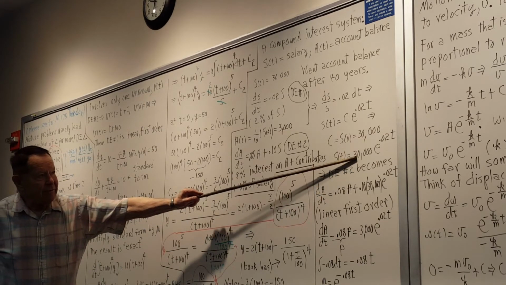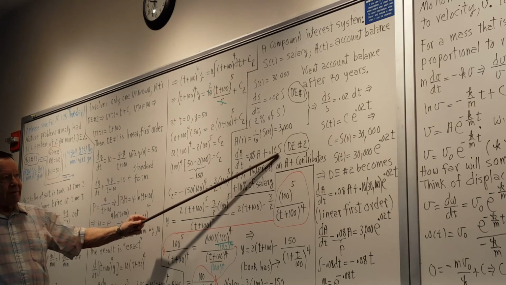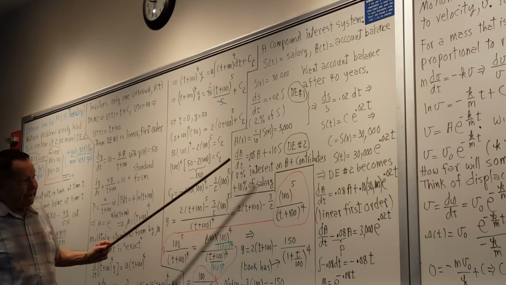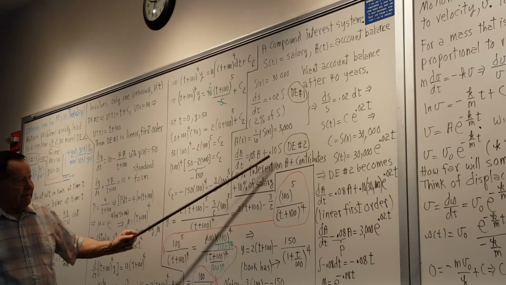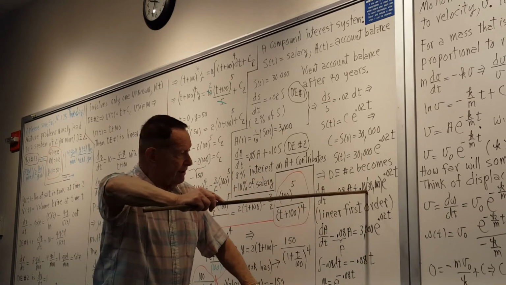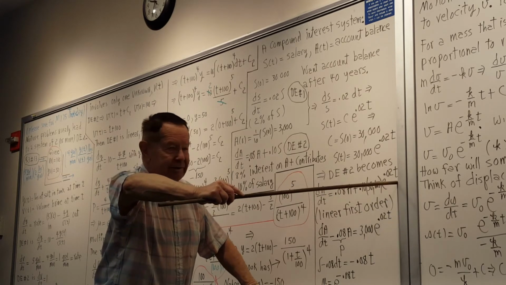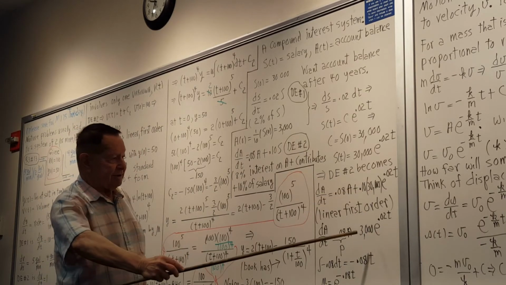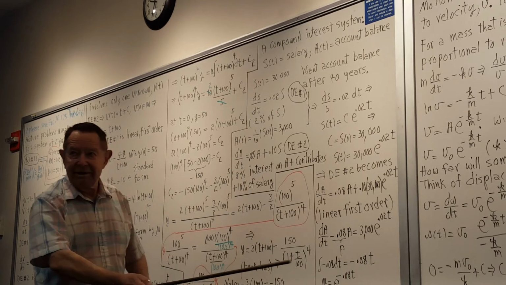So now I can put that formula in DE number 2 right here, and then I have the dA/dt, the 0.08A, the 0.10. That may be hard to read, but it's there. And then the 30,000 e to the 0.02t. Well, the 10% of 30,000 is 3,000. So it's easier to read it down here, maybe.